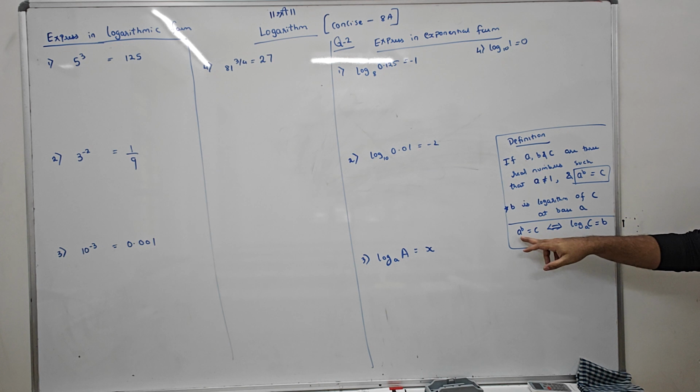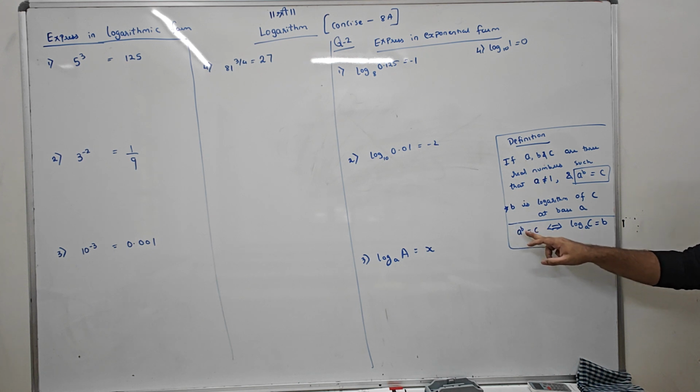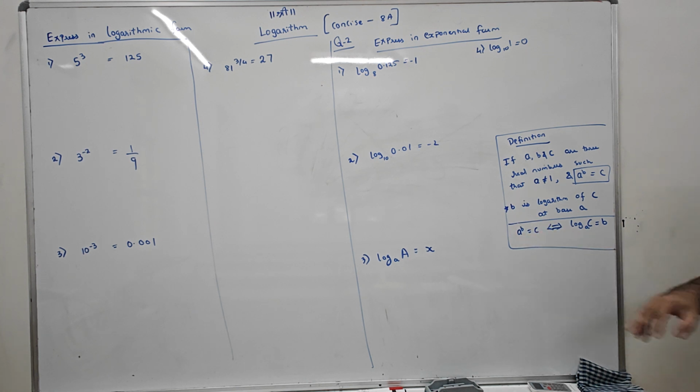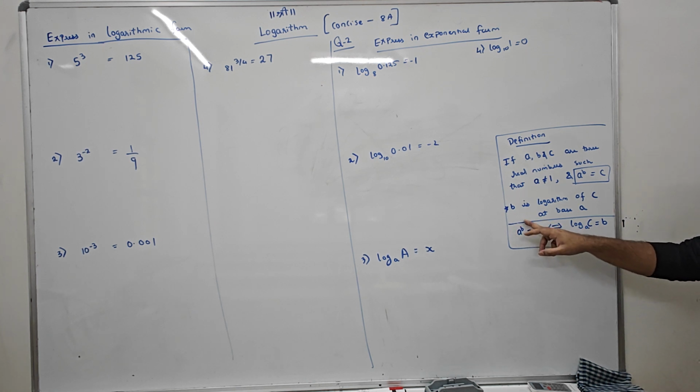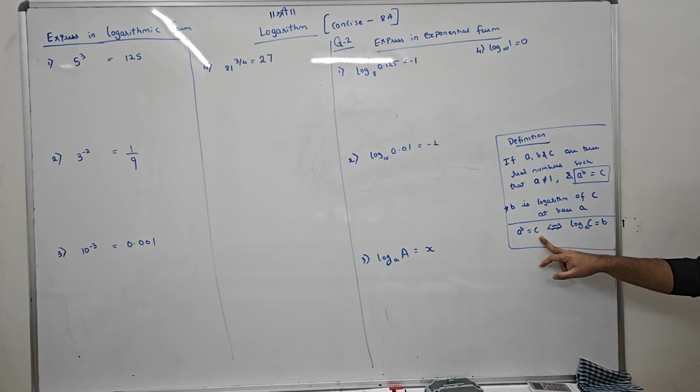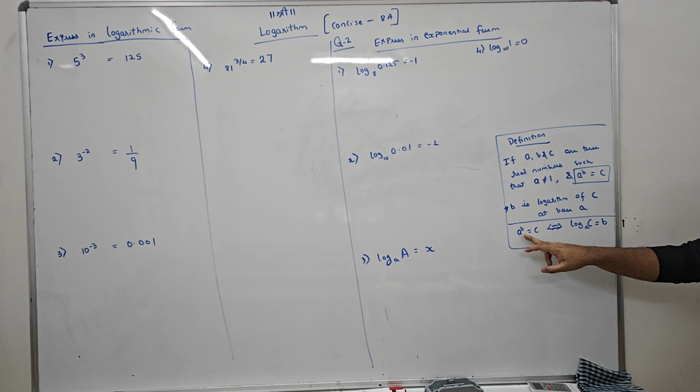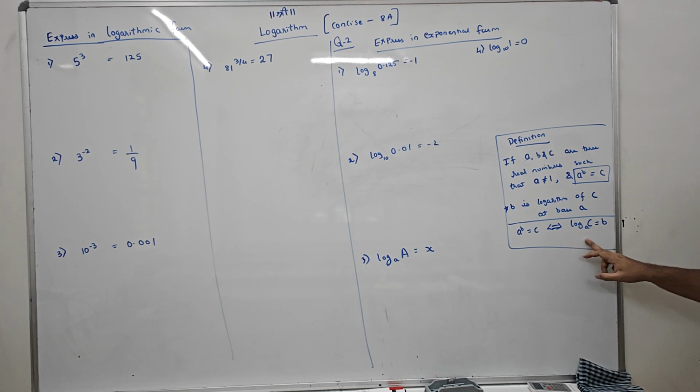Then if in exponential form I write A raised to B is C, that is, base is A, exponent is B, and its answer is C, then I can write B is equal to log of C to the base A.